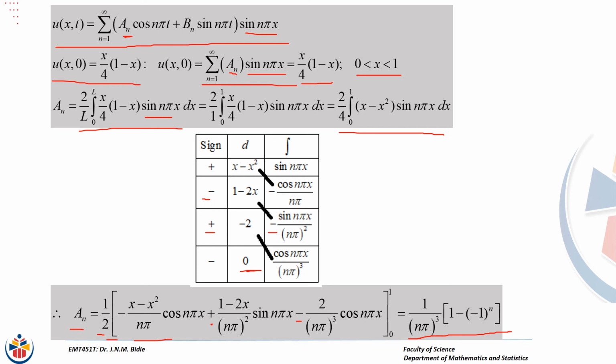Remembering, sin n pi is equal to 0. Cos n pi is negative 1 all to the power n. Upper limit substitution minus the lower limit substitution. Simplify and check whether you'll get the same answer. Let's go to the last one for this problem.